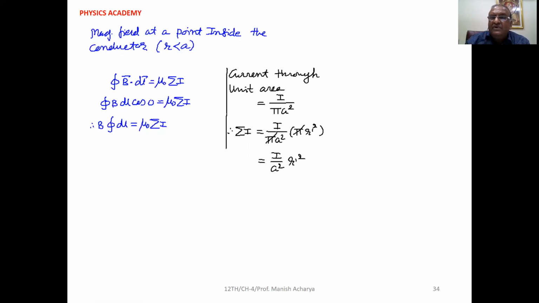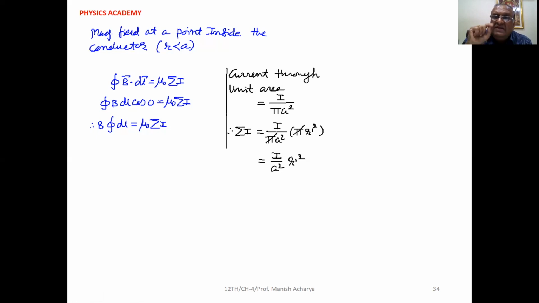So we can use the simple unitary method. On area pi a square, current I is uniformly distributed. Therefore, current through unit area is how much? Simply, current through unit area is I upon pi a square. Now, through unit area, if the current is I upon pi a square, then through the area of the Amperian loop, how much current is flowing?